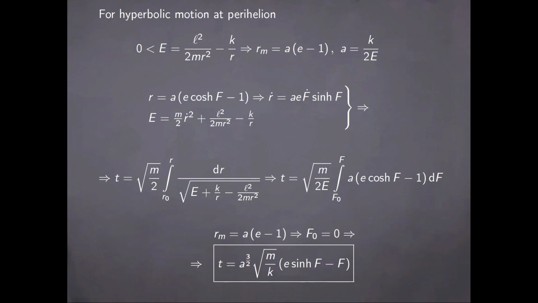And it turns out that f0 is in fact equal to 0, and as such the time in hyperbolic motion is given through the equation here, which is, as you can see, somewhat analogous to Kepler's equation for elliptical motion.